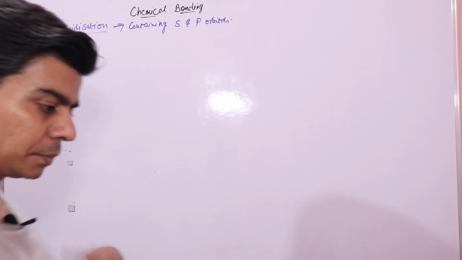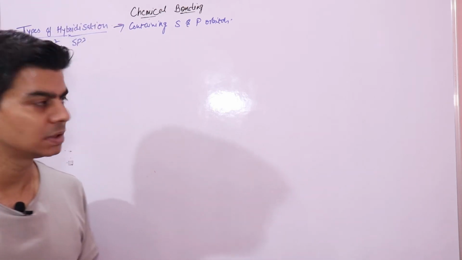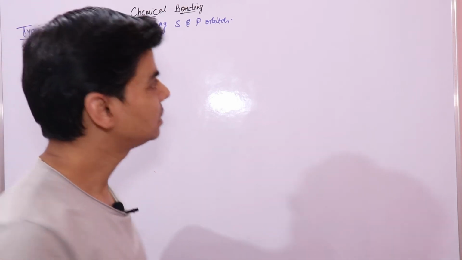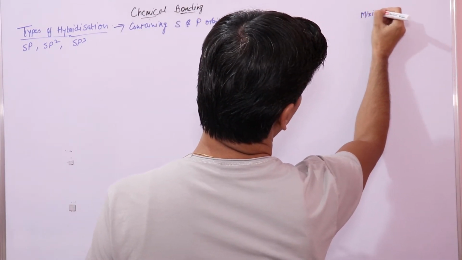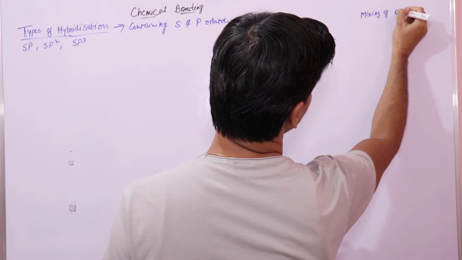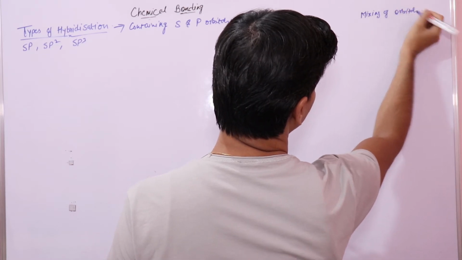First, let's just do a quick recap of what is hybridization, right? Hybridization, firstly, is mixing of orbitals, right?